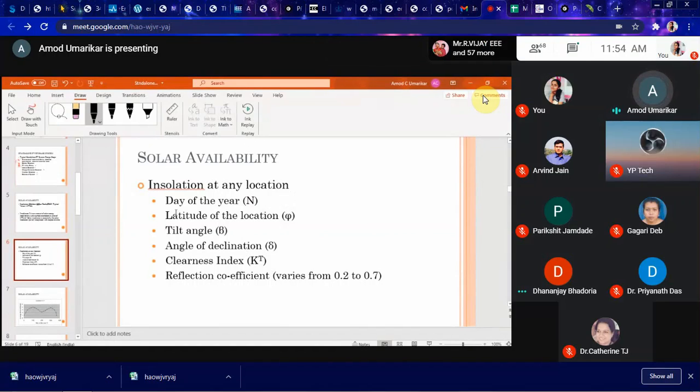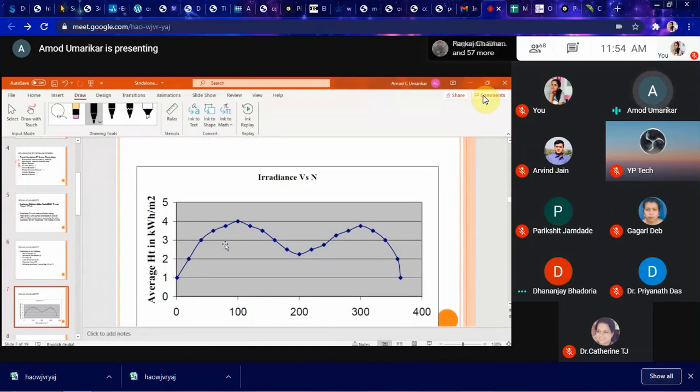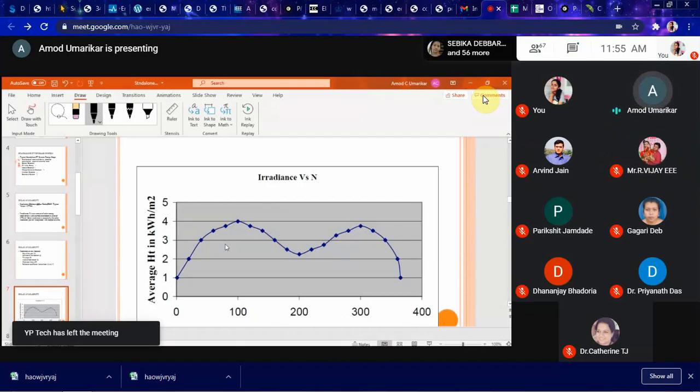Based on this insolation, by taking these factors into account, we get a kind of curve at a given place. I'm not particular about any place, but this is solar insolation in kilowatt hour per meter square, or irradiance, versus day. So this is the irradiance over a year available at a place. This is how I know what irradiance is available at a given place over a year.